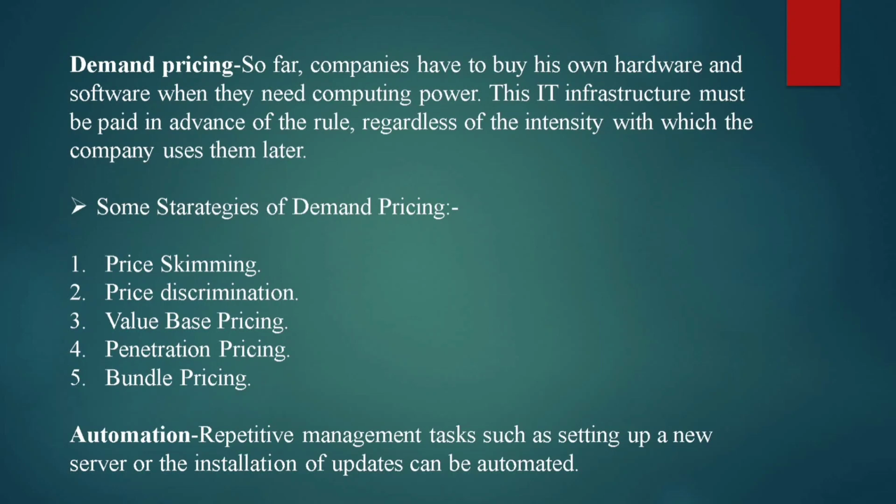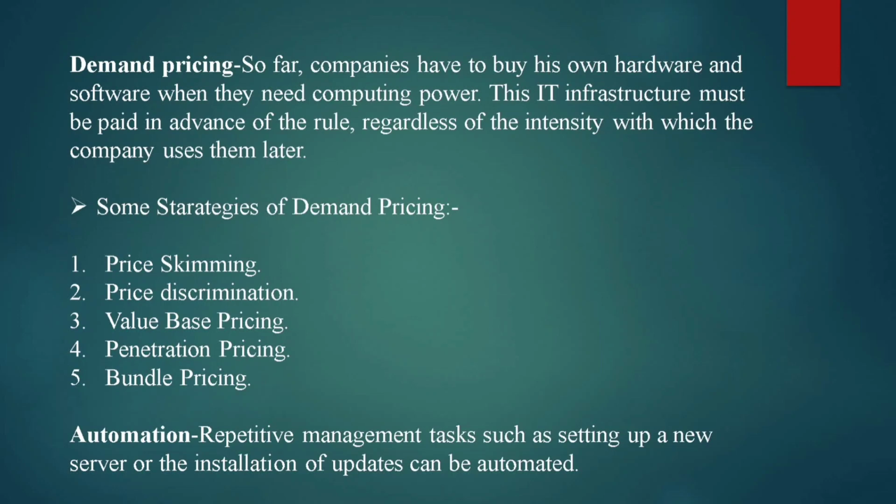Penetration pricing means pricing is set low initially to increase the customer base or add new customers. After gaining a customer base, the price increases gradually. The last strategy is bundle pricing. It is determined by adding multiple products. In other words, a single price is set for a combination of products. That's all about demand pricing.